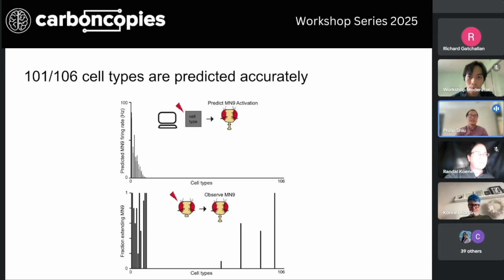In the taste system, you get an activation that is essentially not varying over time, whereas with visual input you're going to get a lot more variation over time or over space.